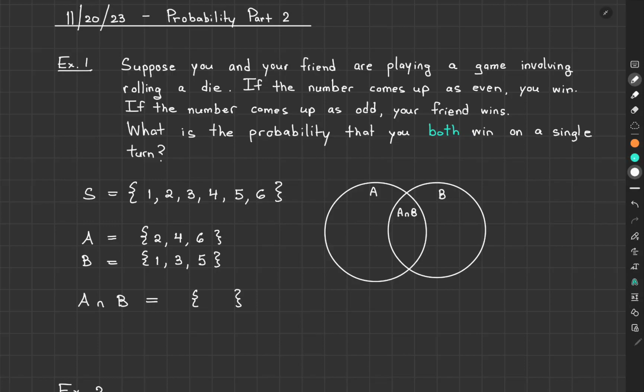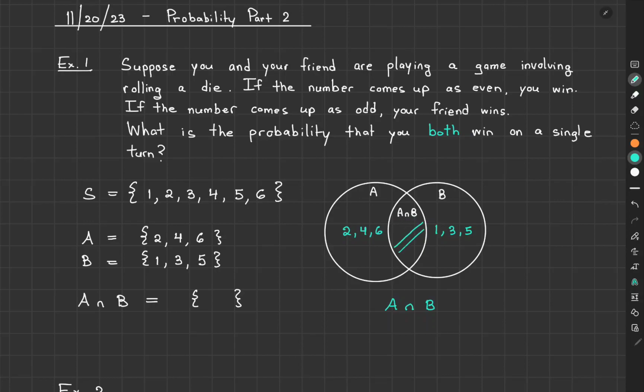So, over here, we have a little bit of a Venn diagram. You can list your possibilities here. So for A, you have 2, 4, and 6. For B, you have 1, 3, and 5. And then what we have in the center is what we call A intersection B. It's written with this little N-looking symbol, A intersection B. It just means A and B. And in this case, there is no intersection between odd numbers and even numbers.